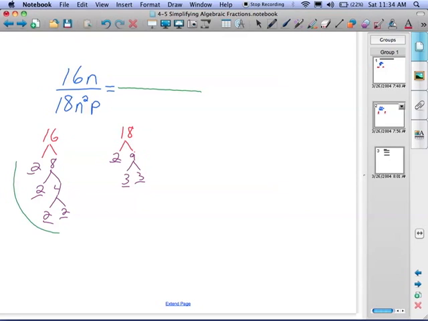And you'll see from its factor tree that there are four 2s, 2 times 2 times 2 times 2 times the variable n, which we now stick back on the end. 18 is 2 times 3 times 3, and then n squared is actually going to be rewritten as n times n times the variable p.